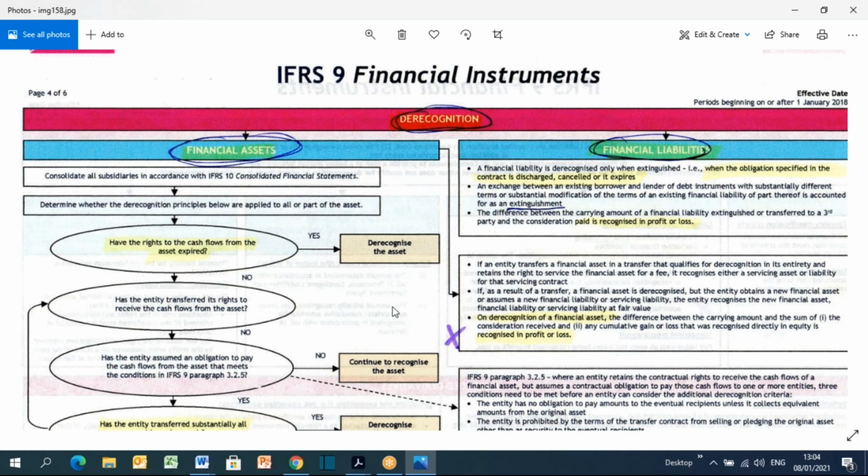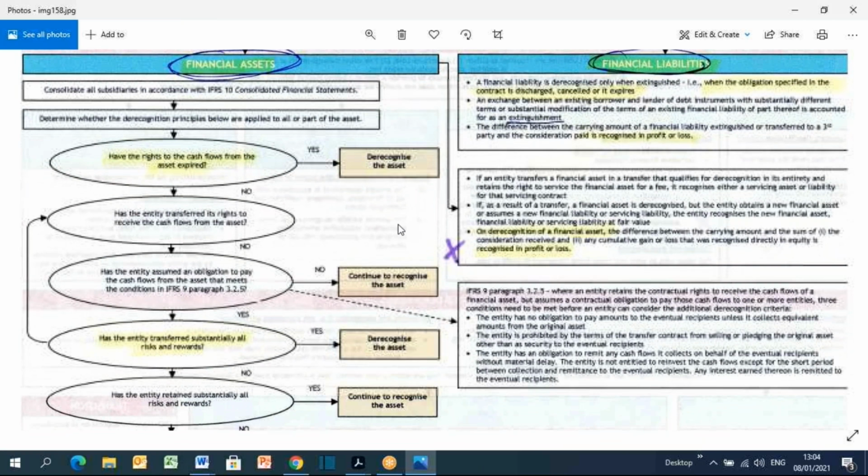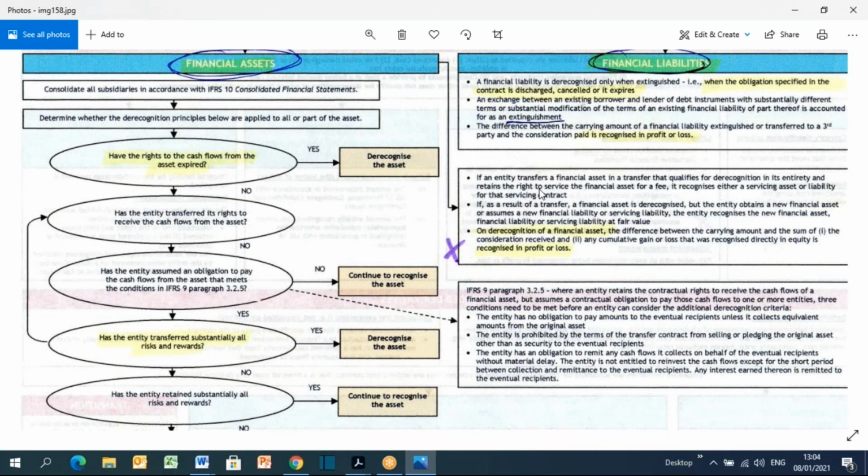When it talks about a financial asset in the question, remember that the asset should be derecognized when there is no right to get the cash flow from the asset, or when the entity has substantially transferred all the risk and rewards of the asset. And you'll have a lot of questions about this substantial transfer of the risk and rewards.